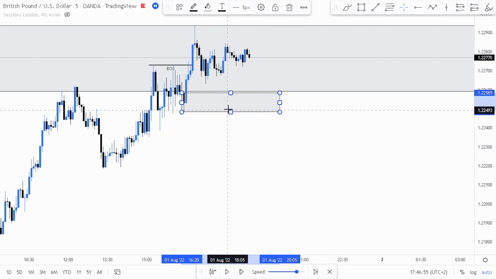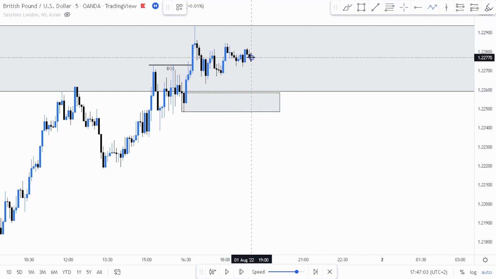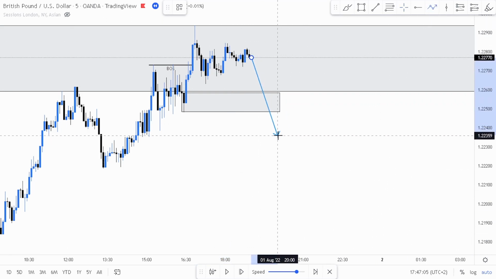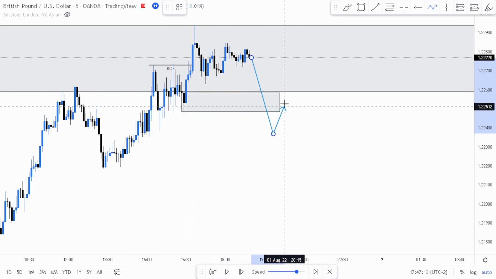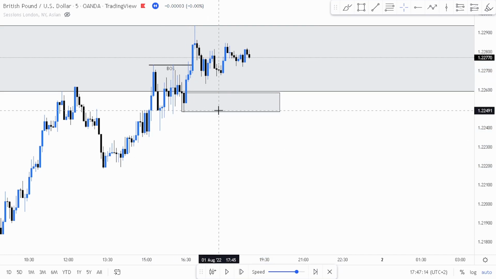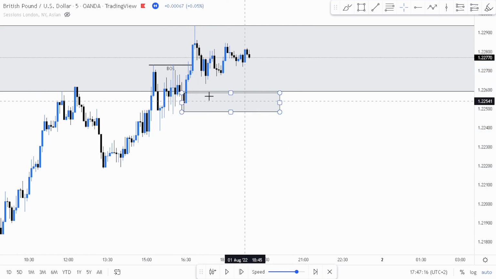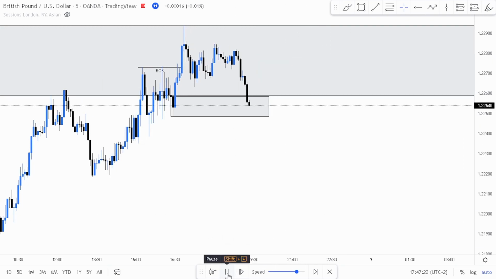But now this level, we are not looking at it to take buys, we are looking at it wanting to see price break below it. And once price breaks below it, it is a symbol of change in character and we want price to continue moving to the downside. So we just mark it out so that we know what we are looking for. Now let us see what price is doing.